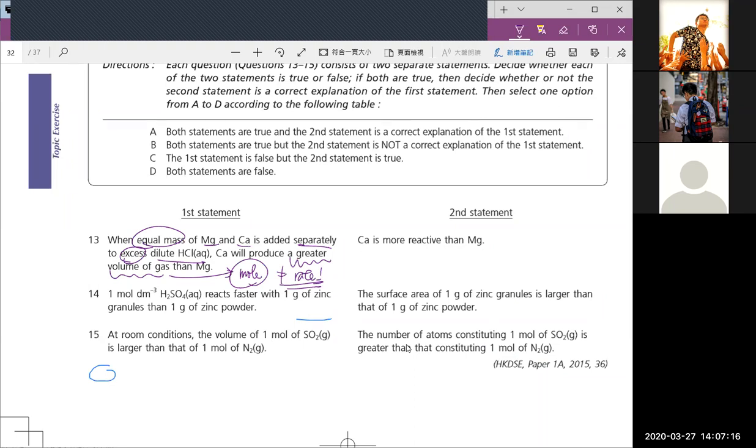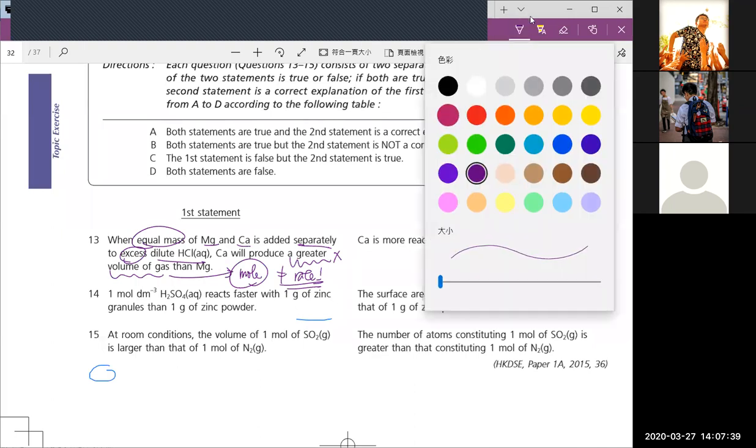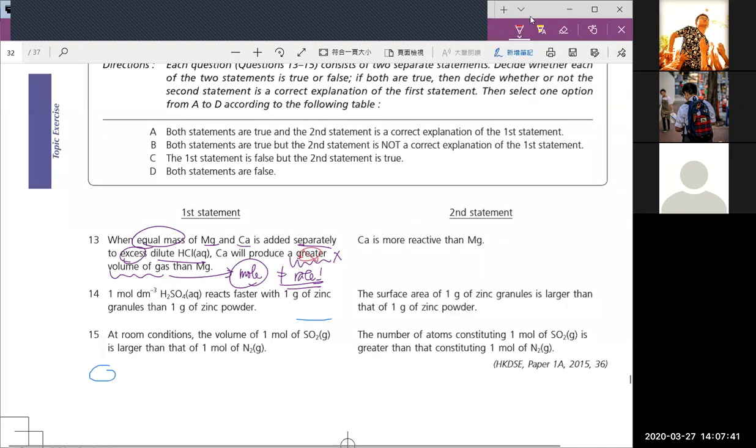Calcium and magnesium added to acid is wrong. How wrong is this? If you consider the mole of the gas, is it the same, greater or smaller if you use calcium? It's not greater, it is smaller.